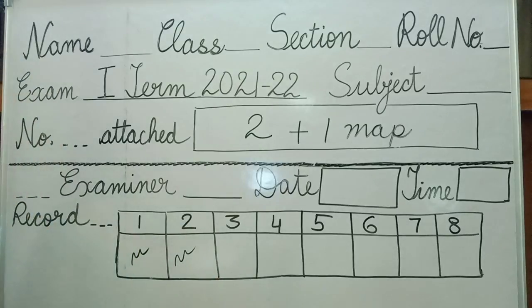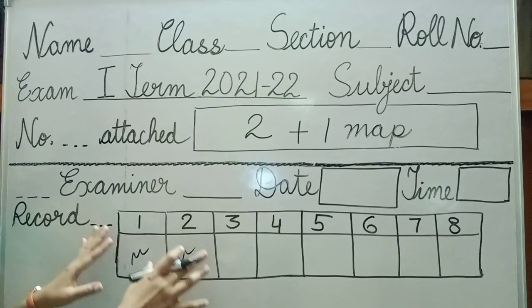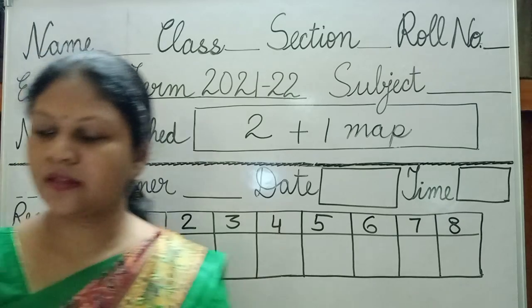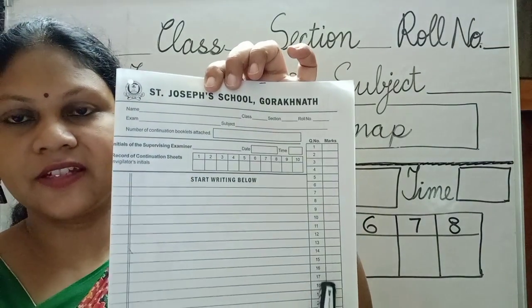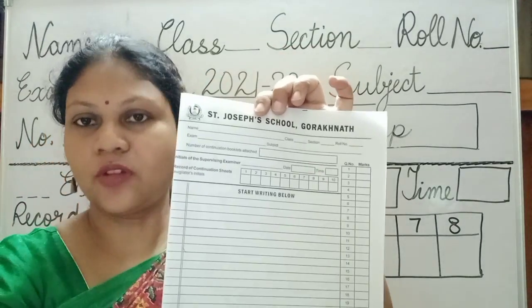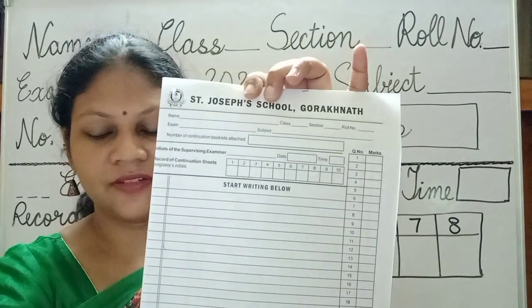So like this way, all the details of your sheet A will be properly filled. I am repeating, the column which is given towards your right hand side is meant to be filled by the teachers only. Okay, so nobody will touch this section.